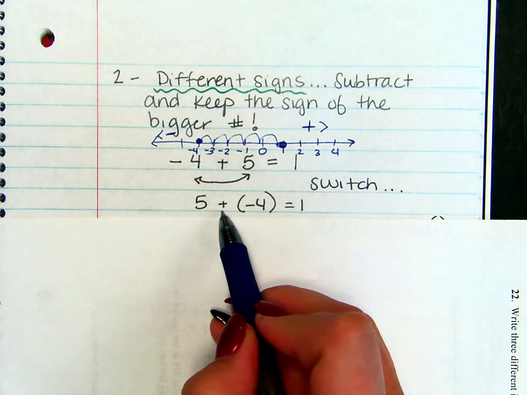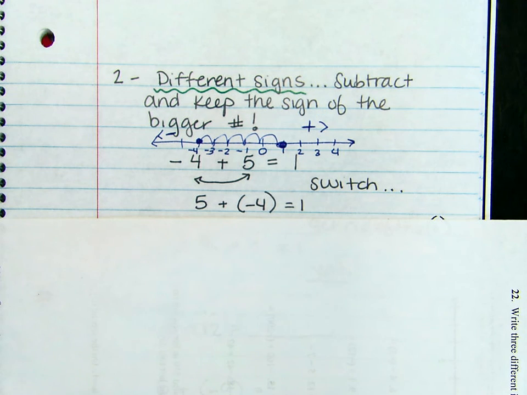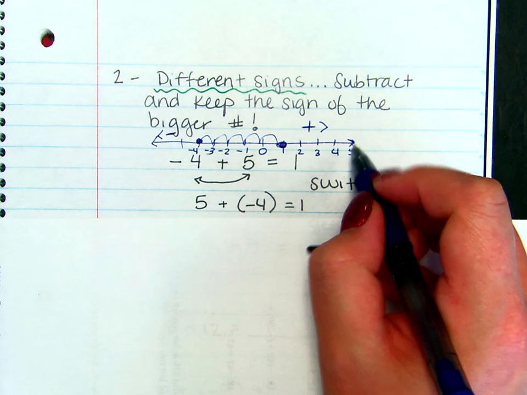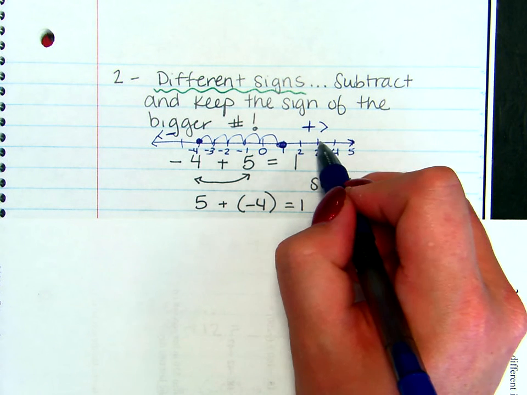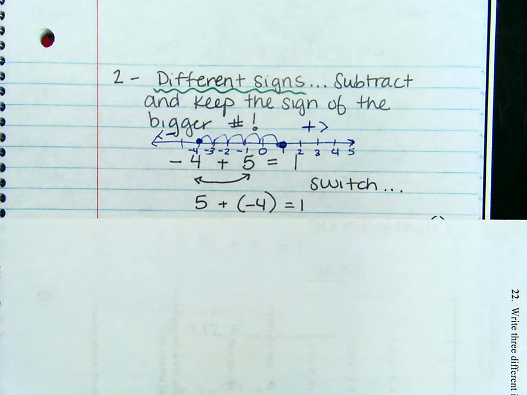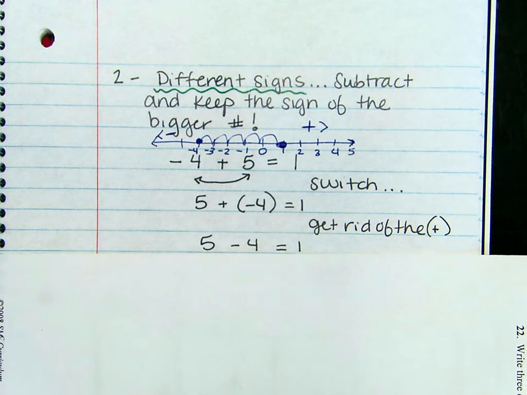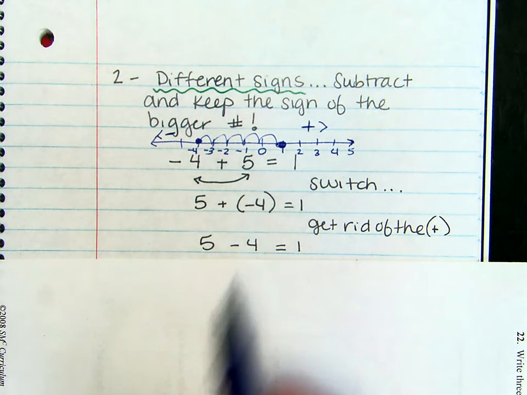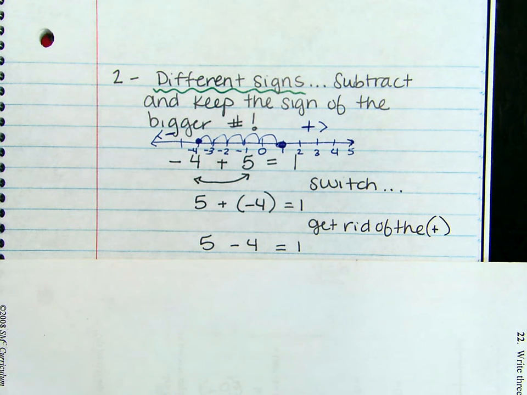Now 5 plus -4 is also going to give me 1, because if I'm at the number 5 now, and I have -4, I'm actually just simply minusing 4 from my 5. And that's what happens here. When we have a plus and a minus right next to each other, we can actually get rid of the plus sign and just turn that into -4.